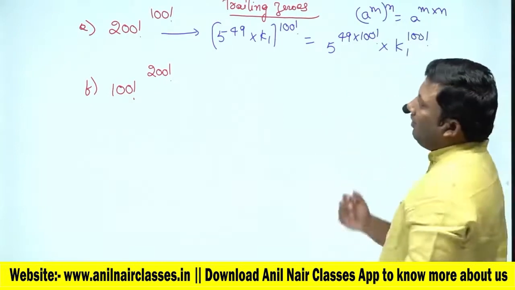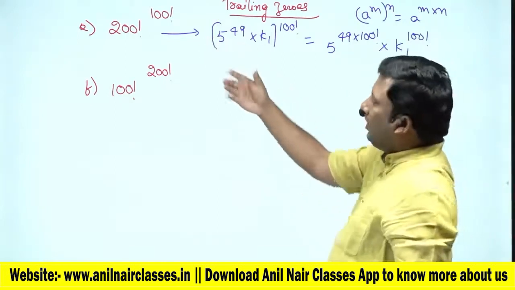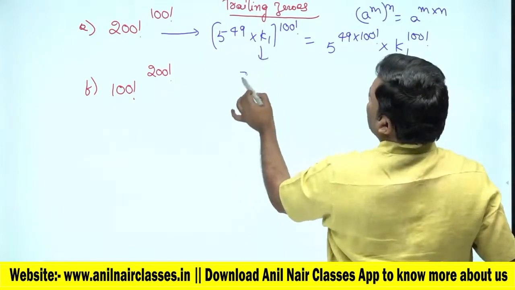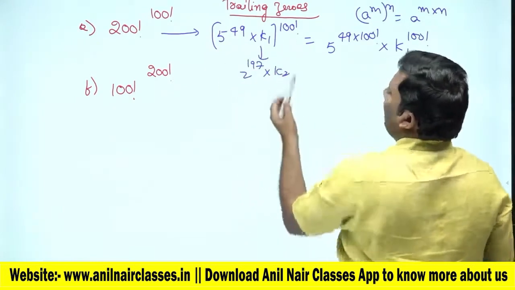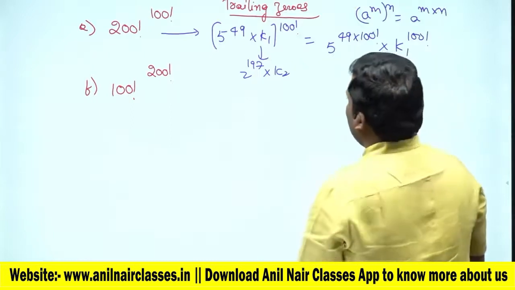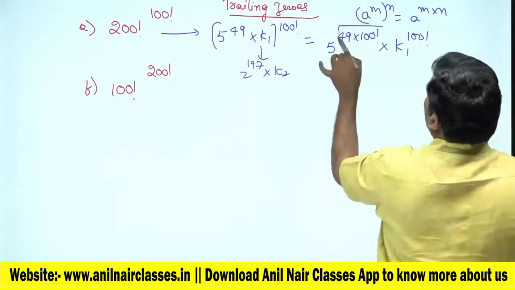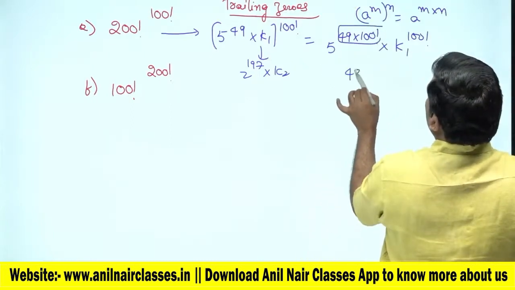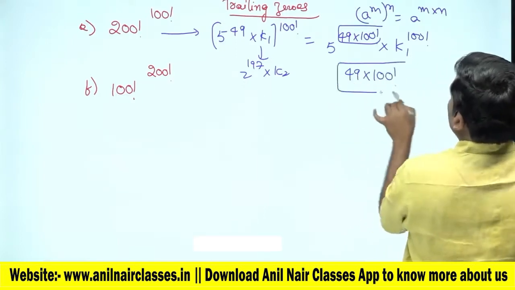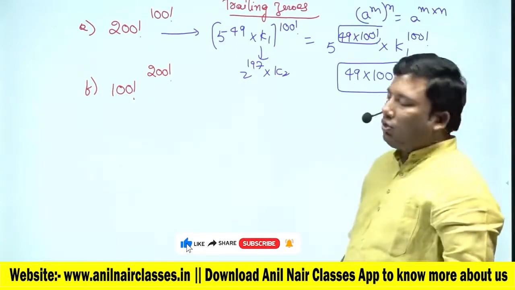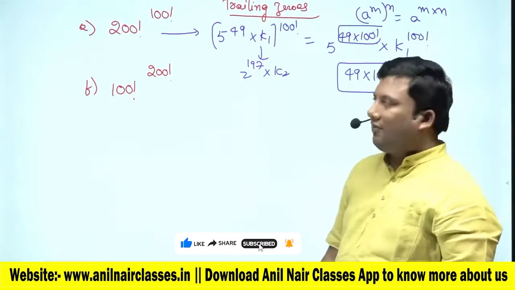Even if I take the power of 2 it will be 197 into k2, 197 into 100 factorial, which will be greater. So what will be the answer? 49 into 100 factorial.